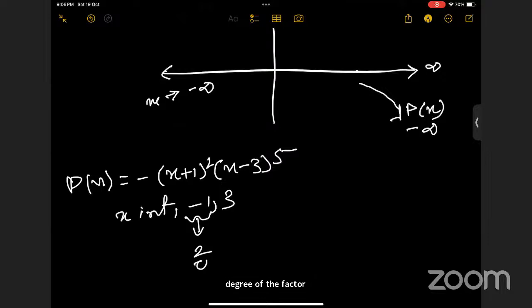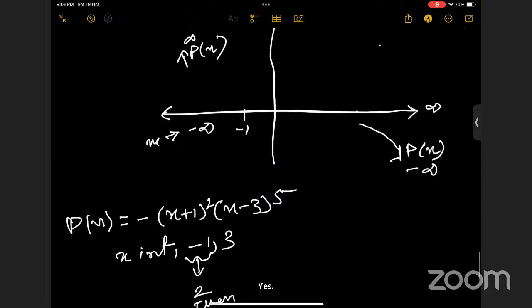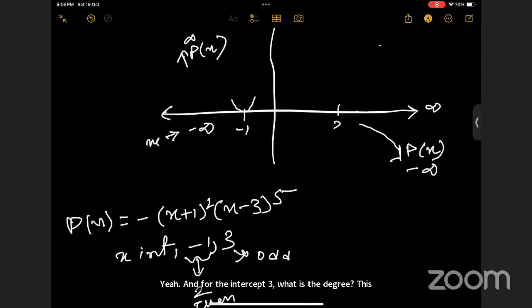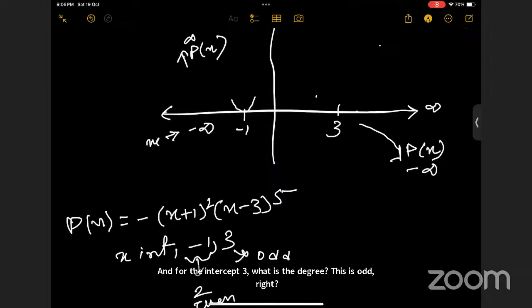That means something even, so we know the graph will just touch the point like that, right? And for the intercept 3, what is the degree? This is odd, so we know that the graph will be like that, right?